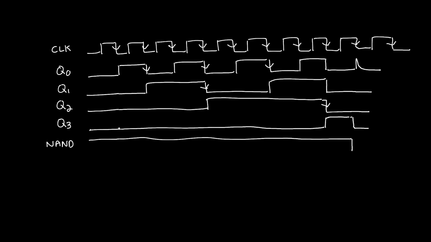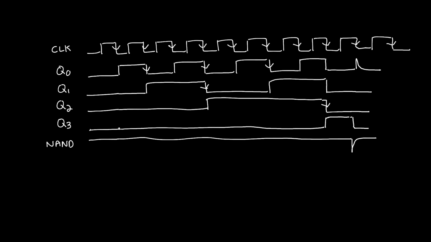So it's going to have this little glitch over here. Now, as soon as I get to this point where all Q outputs are now low again, my NAND gate has no reason to stay low. It's going to go back high. This weird thing. So I have this weird little glitch over here.